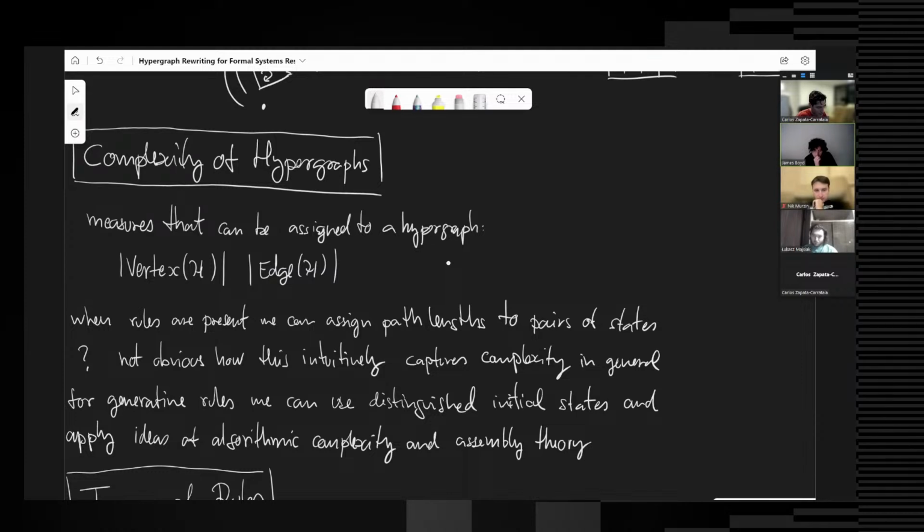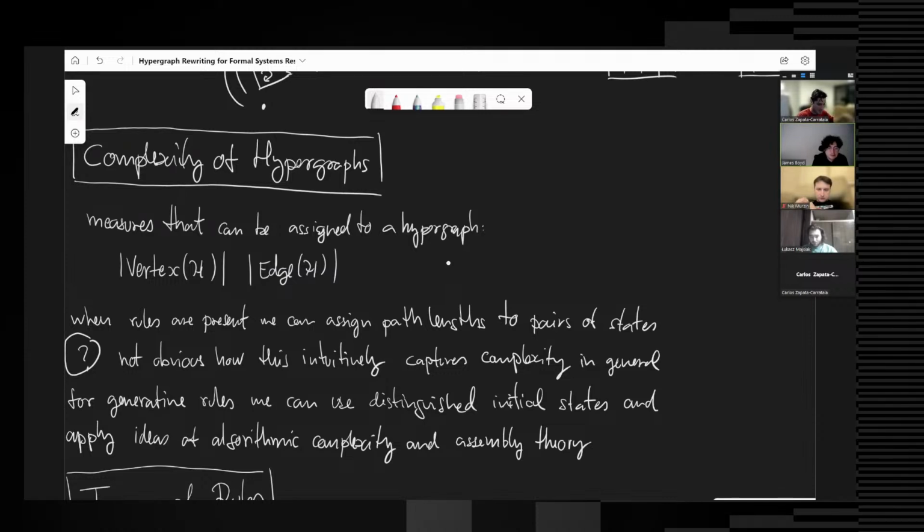Now, one point that I wanted to emphasize there, this question mark here, is that it's not obvious to me how this intuitively captures complexity in any general sense, because this is going to depend strongly on what the rules are.